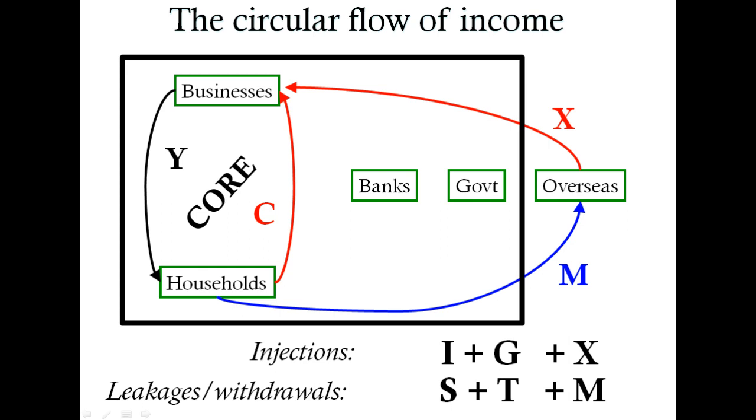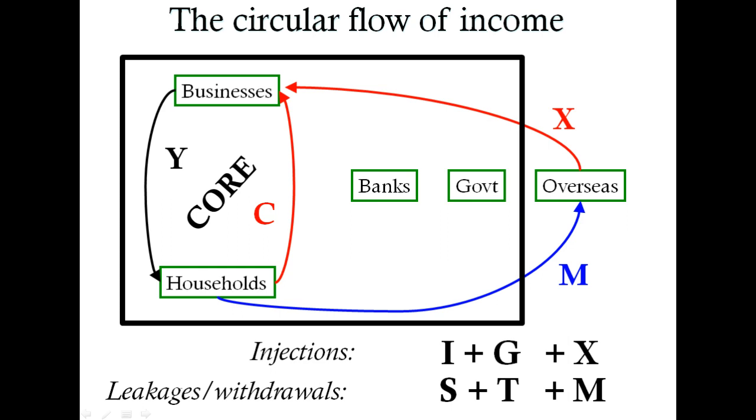And that, you could say, pretty much rounds out the main elements or sectors of our economy. We have a household sector which consumes, a business sector which produces. We've got a banking system which acts as an intermediary between households and businesses.